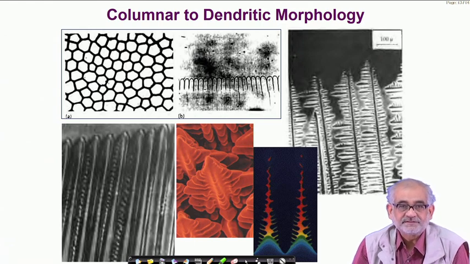For solidification processing, we have to realize that as soon as the hot metal or hot melt comes in contact with the solid mold, heat transfer starts immediately, and that's when the heat transfer rate is the fastest.